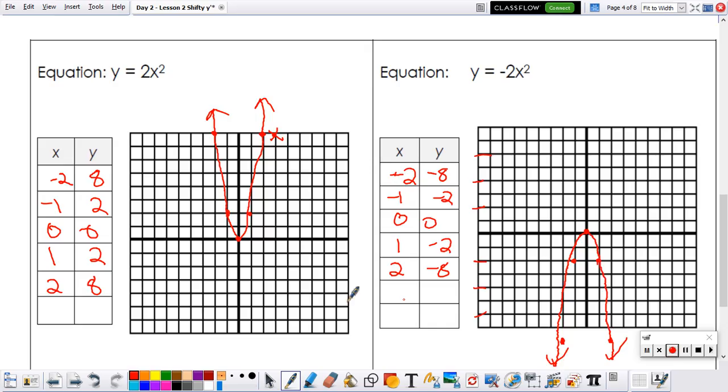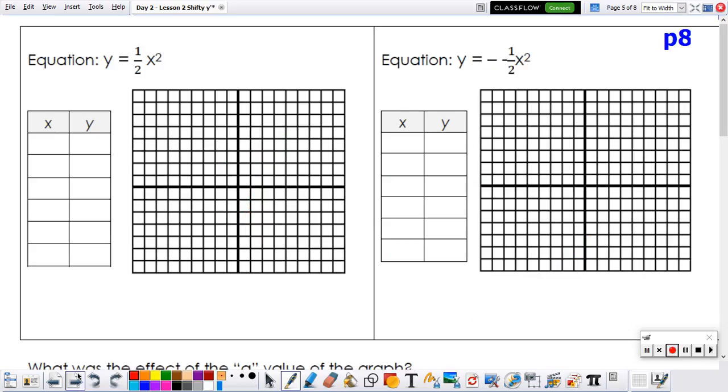Alright, so let's turn the page. So on page 8, it's the same thing, but now instead of multiplying by 2, I'm multiplying by 1/2. So, again, either put it on your calculator or use the parent function. So this would be 2.